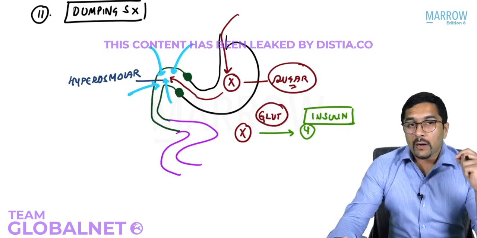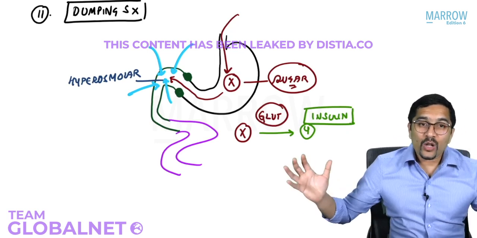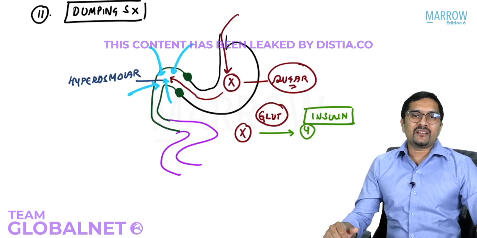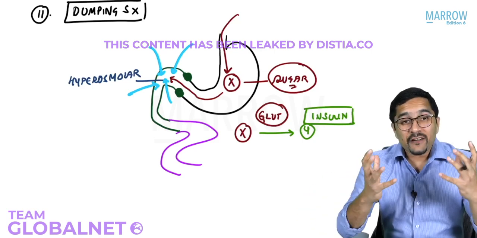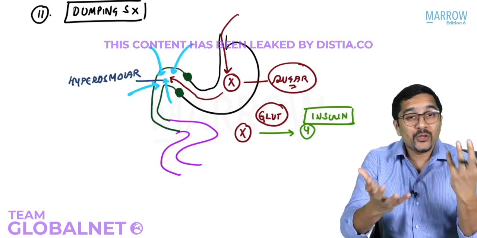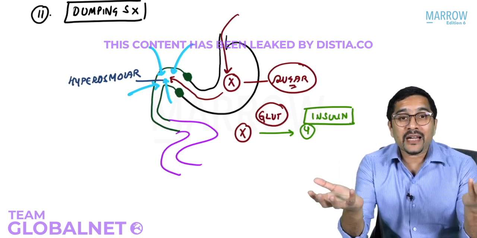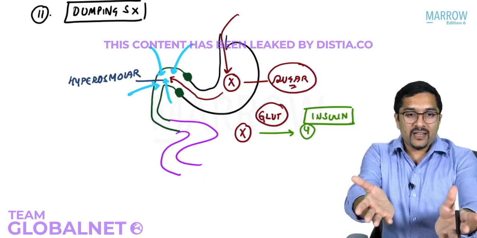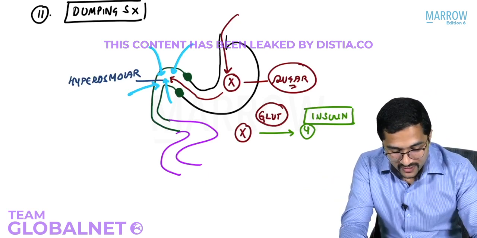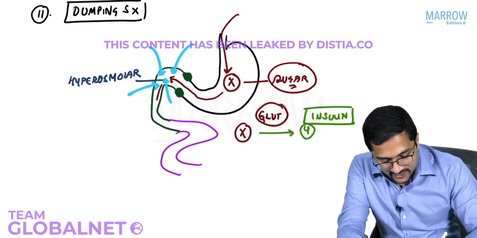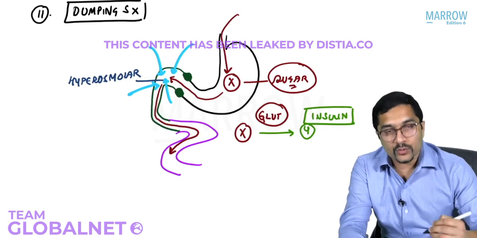Okay? But what has happened is that all the fluid which has come into the bowel, there has been a flood inside the bowel. And when there is a flood, what happens? Fluid moves quickly or it moves slowly. Correct. It will move quickly. So all this hyperosmolar content is going to move quickly through the bowel.